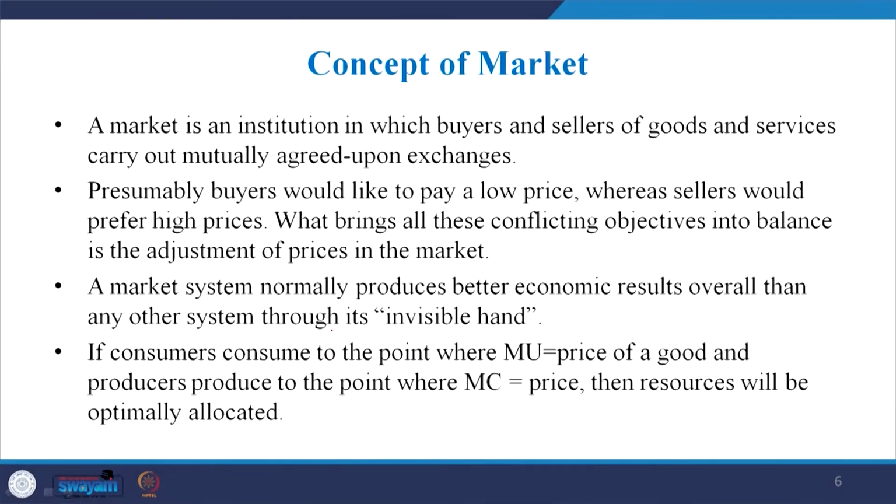If the consumer consumes to the point where the marginal utility of the consumer is equal to the market price of the product, and producers produce to the point where the marginal cost of the product is equal to the price of the product, then the resources in any economy will be allocated optimally.